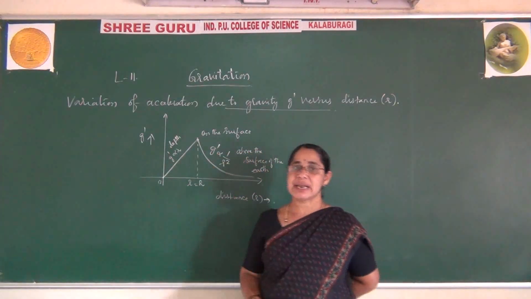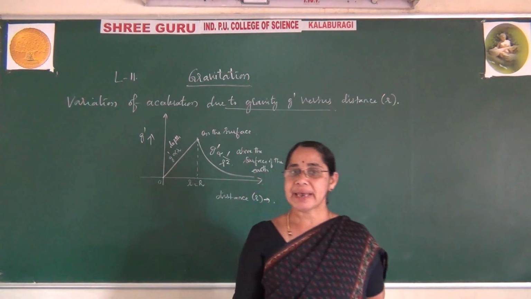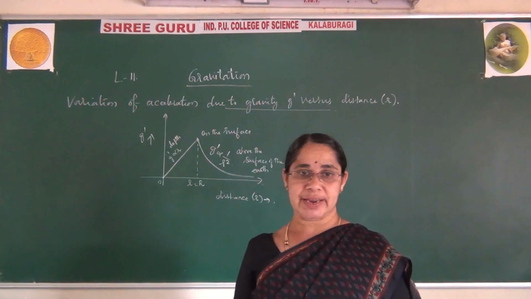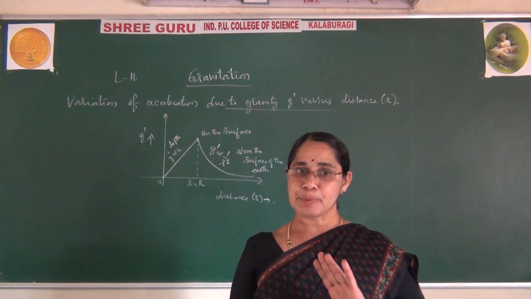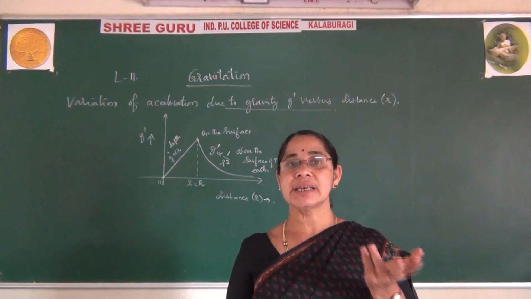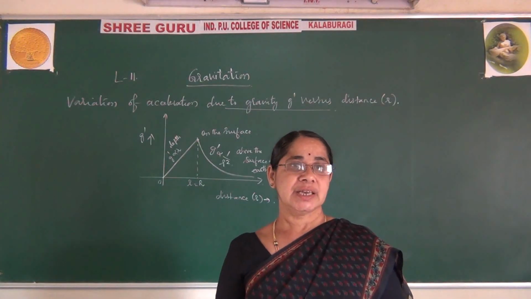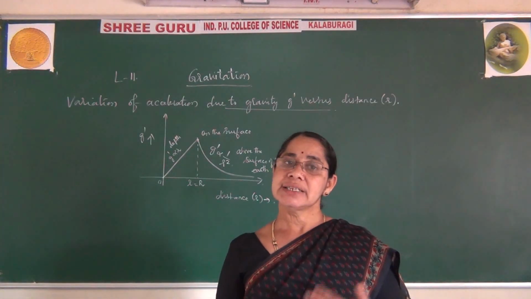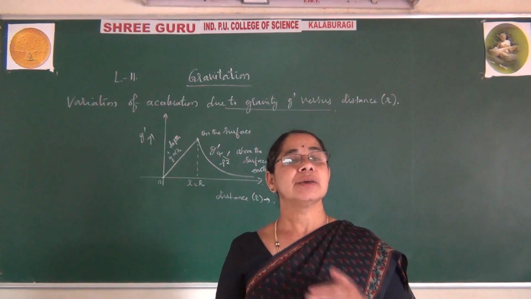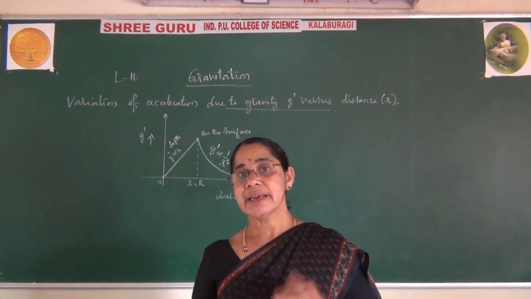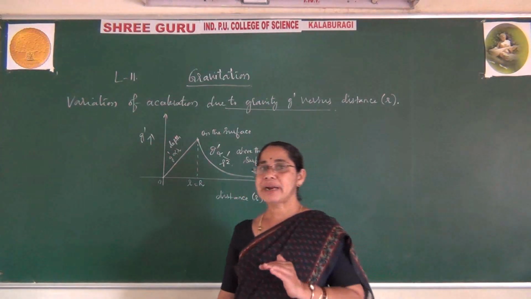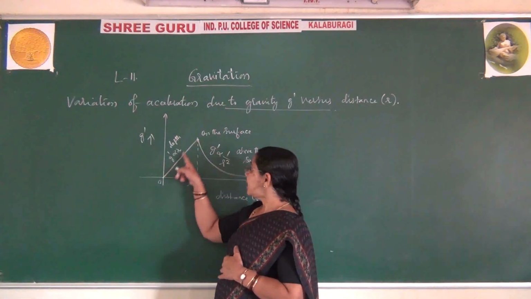Also in the previous class I explained one point on how it varies, where g is directly proportional to r. As distance increases, g also varies. So if distance is less, g decreases; if it is more, g increases. So g will be directly proportional.